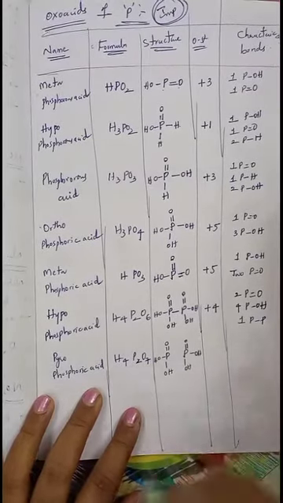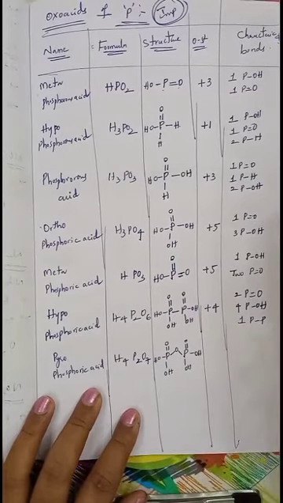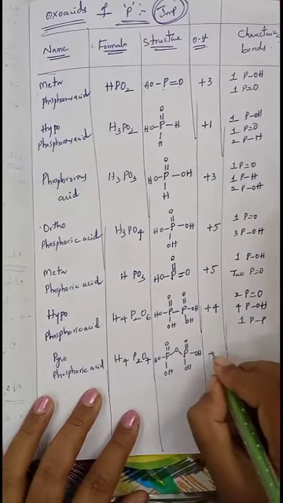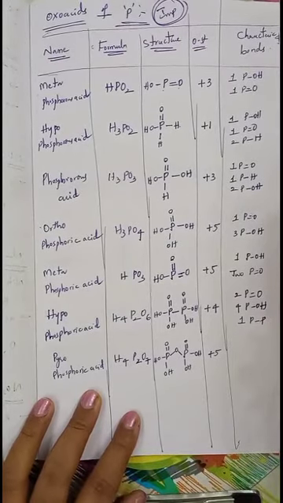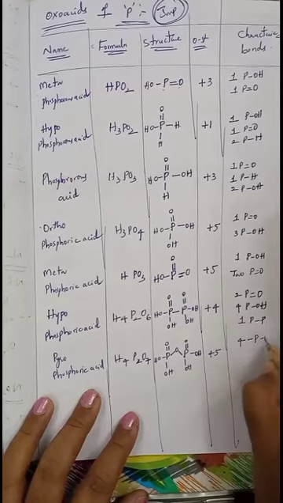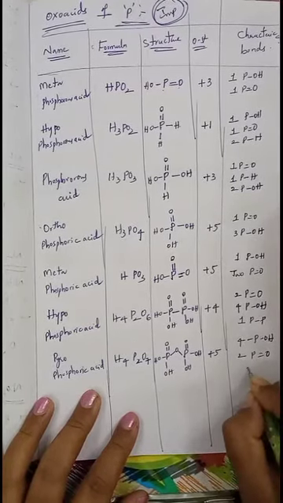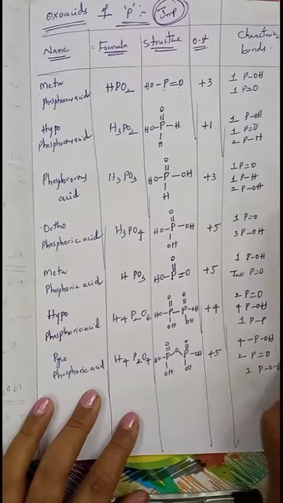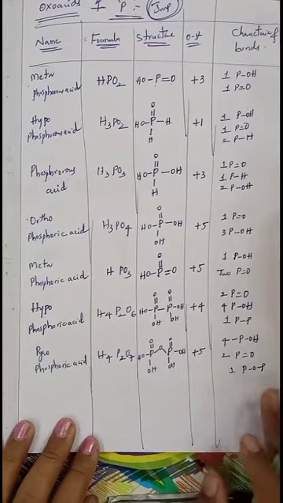Still 1 more oxygen is left. That oxygen acts as a bridge between the 2 phosphorus atoms and the oxidation state is +5. Types of bonds are 4 P-OH bonds, 2 P=O bonds and 1 P-O-P bond. That means this contains a bridge oxygen.